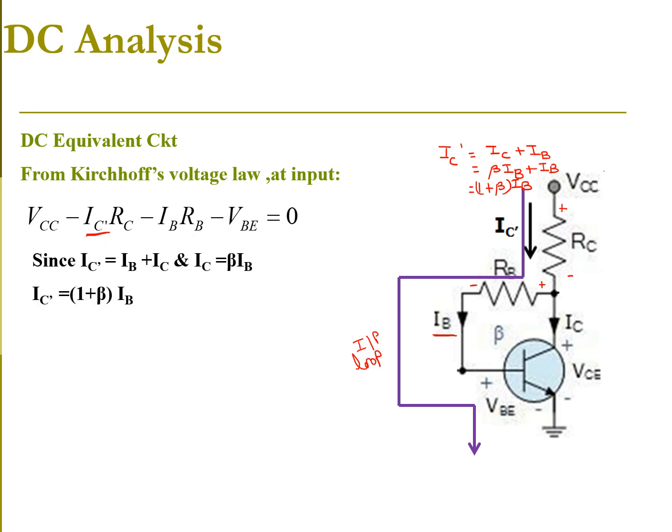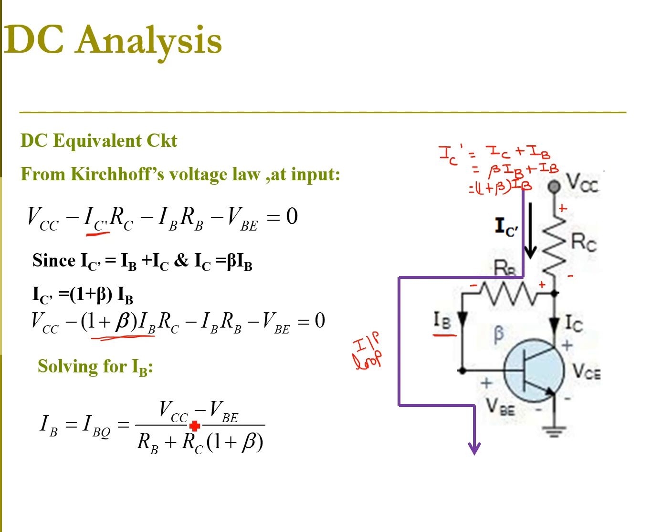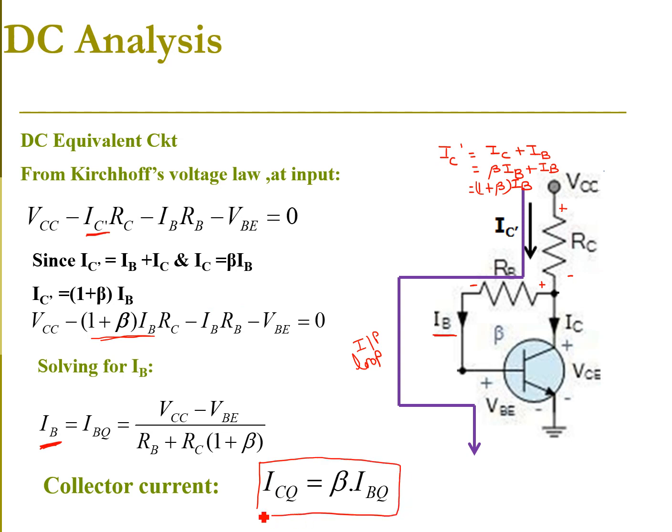After arranging these equations, we get IB is equal to VCC minus VBE upon RB plus RC into 1 plus beta. Once you have the value of IB, we know that IC is beta times IB. So, you have got the equation of ICQ, which is one of your Q point.